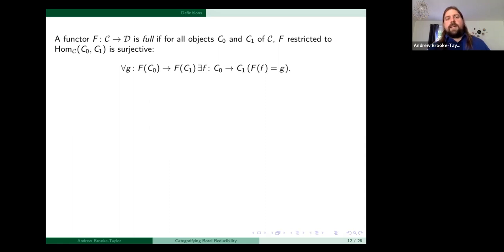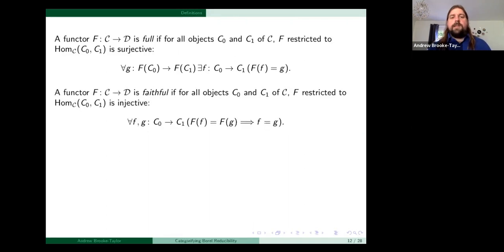A functor is full if for any two objects, F restricted to the morphisms between those objects is surjective. So if you've got a morphism g from F of C0 to F of C1, then that g is the image of some little f. So full is basically surjective on morphisms. Faithful is injective on morphisms.